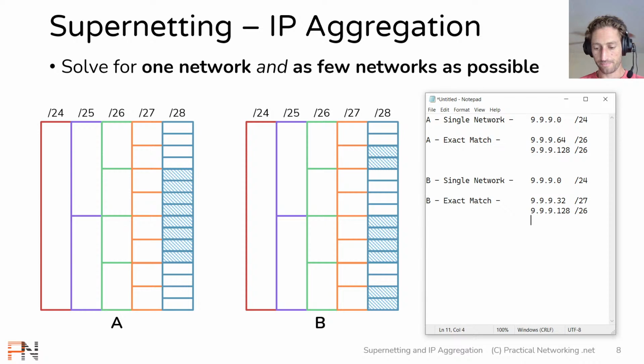This would be 192, which is where we start here. 192 plus 32 would get us 224. That is where that /27 starts. So the answers would be that right there. That is the exact match for problem B.